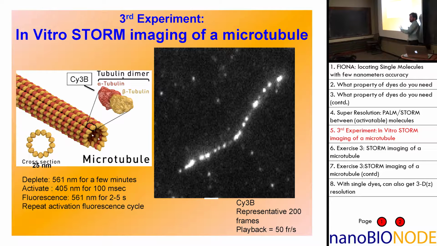By fitting, you can determine where it is. Eventually the thing photobleaches, and you're back at the beginning. And you do it again, and in general, you excite some other molecule, you determine its position, and because now you know where both of them are, you can get super resolution. Okay?